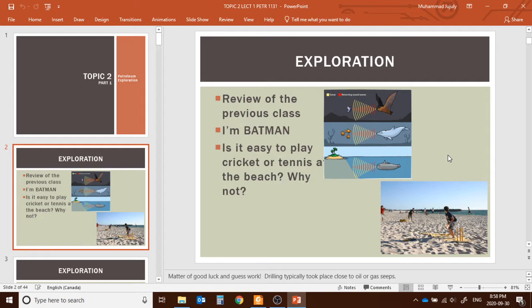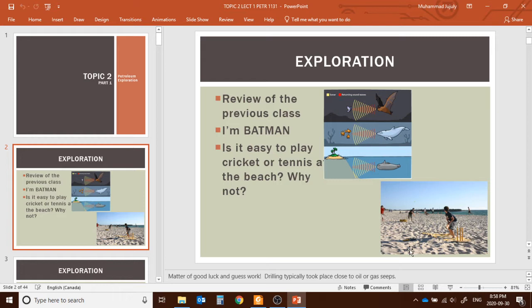If you are familiar with playing tennis or cricket, you would know that the cricket pitch or the tennis court is a very hard pavement, not soft. It would be really hard to play cricket on a sandy pitch. Why? Because when you bowl, the ball won't bounce back.